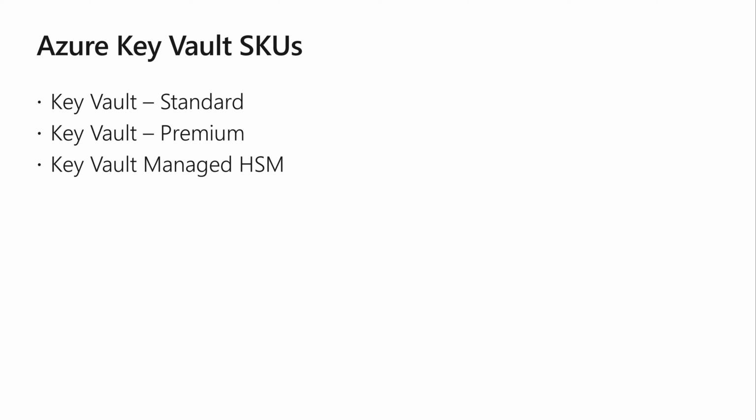Key vaults come with several SKUs. There is the traditional key vault, which comes with standard and premium. The big difference, there are more, but the big difference is that standard is going to be focusing on encrypting this with software, while Premium uses the hardware security modules.